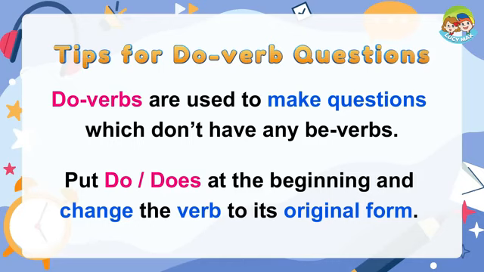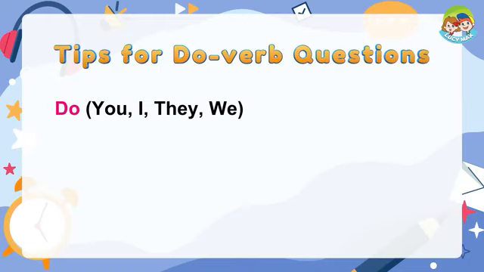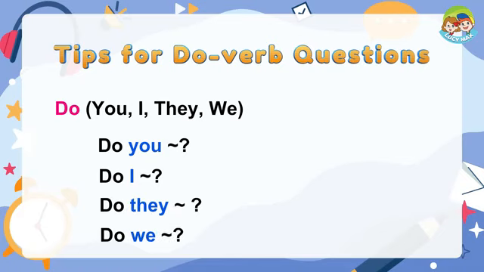Put do or does at the beginning and change the verb to its original form. Do is used with you, I, they, and we. Do you, do I, do they, do we?